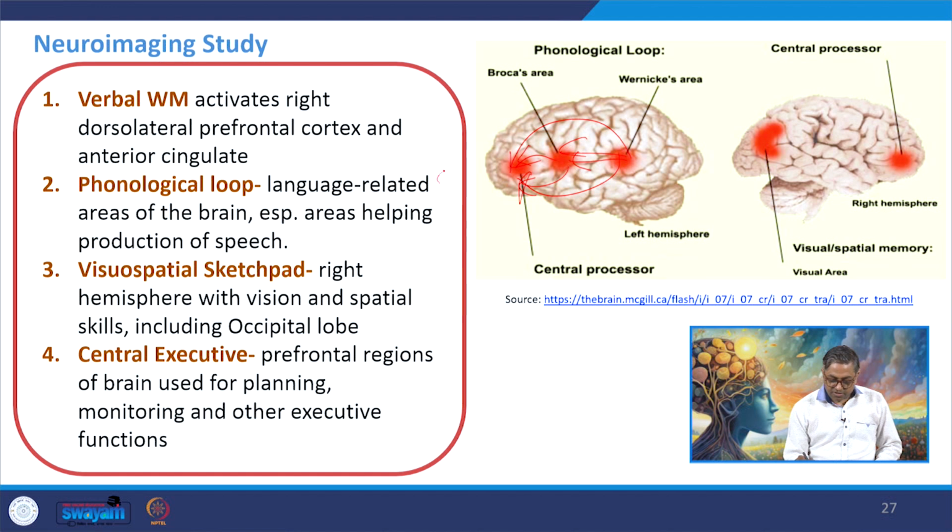Then if we look at the phonological loop, the language related brain areas are especially helping in the production of speech. When an individual is trying to produce speech, this brain region lies in the temporal lobe.